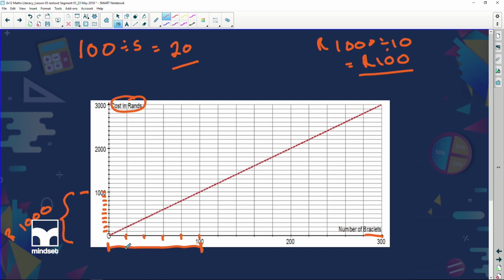So this is 20 bracelets, 40 bracelets, 60 bracelets, 80 bracelets, then 100 bracelets, 120, 140, 160, 180, 200. Again, you see how we're finding how every little block counts?